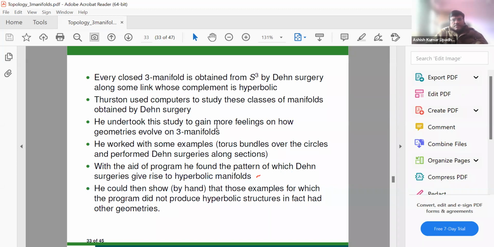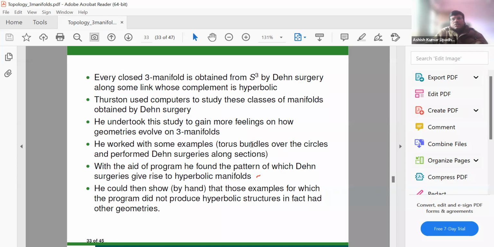Are you getting my point? This is what I have been emphasizing. He got curious and started exploring how geometries evolve on three manifolds. So he worked with some examples.